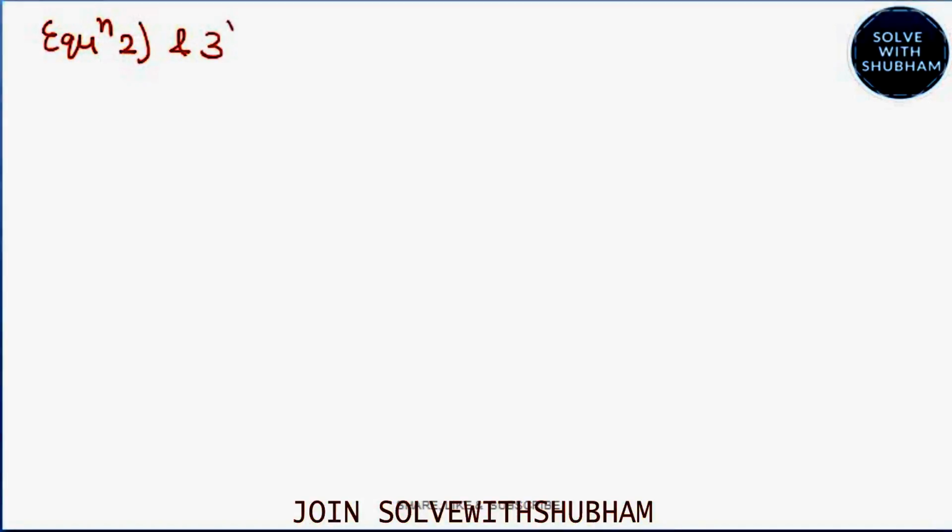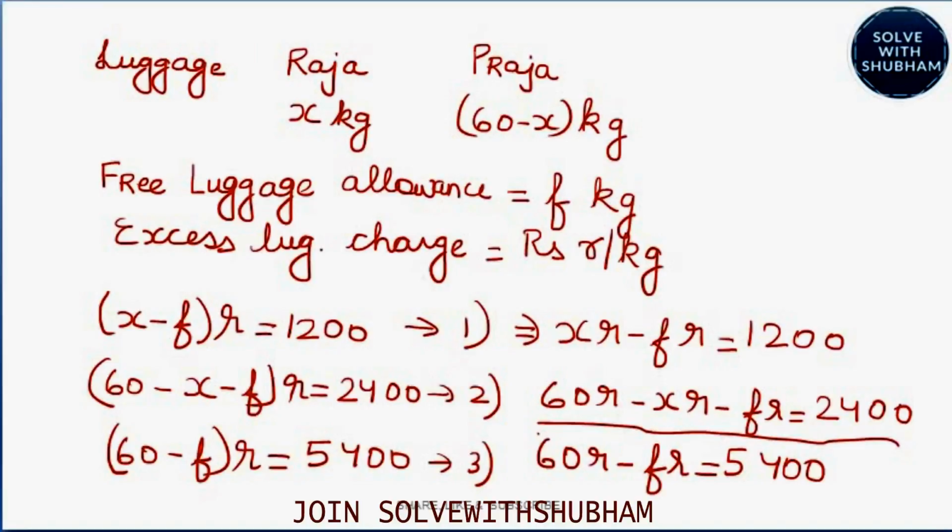So, let us solve equation 2 and equation 3. When you look at equation 2 and equation 3, can we make use of this 60R minus FR in the second equation and then do it?